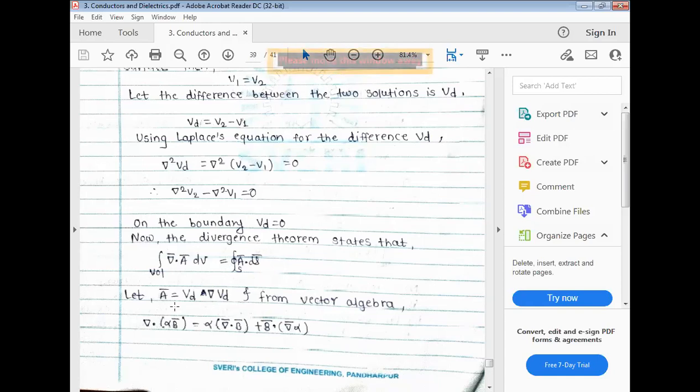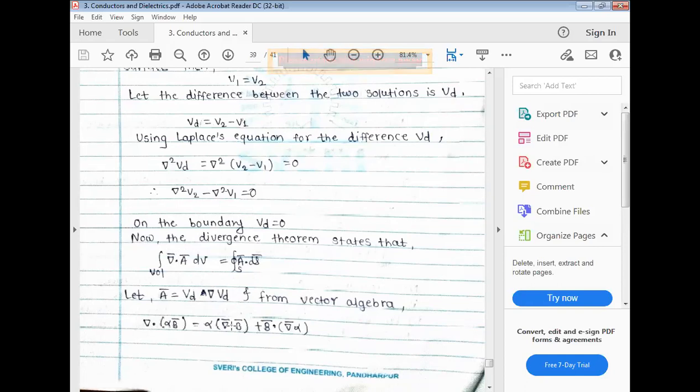So let this A bar be equal to Vd into del Vd. We are considering this vector A bar as Vd into del Vd. And from vector algebra, we are considering a vector identity here.